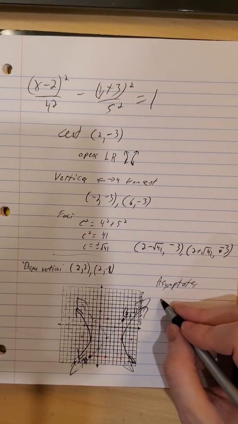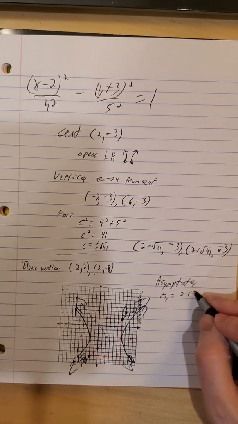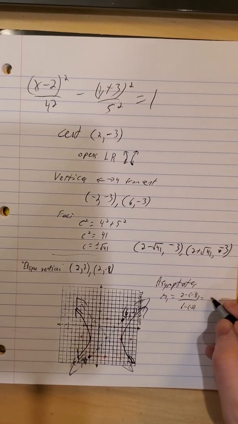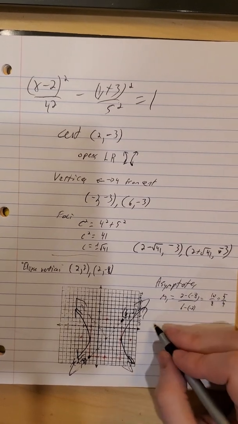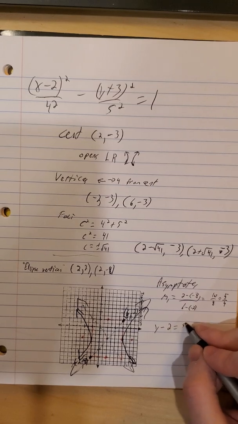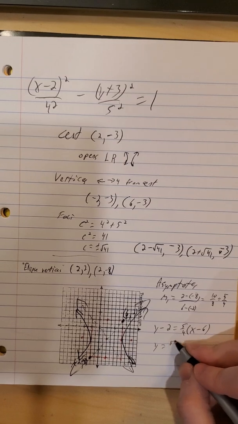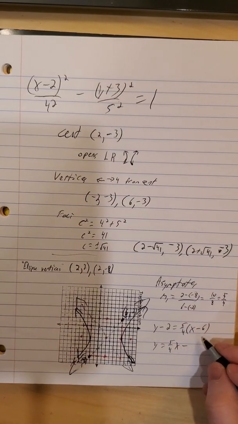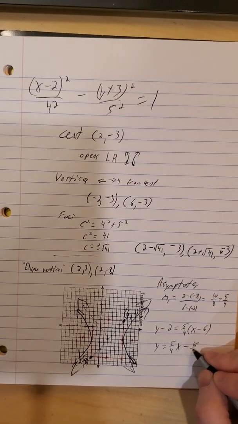All right, so slope number 1 for asymptote 1, we have 2 minus negative 8 over 6 minus negative 2. So that's 10/8, which is 5/4. So then change in y is slope times change in x. So y is 5/4 of x minus, factor out the 2's there, 15/2.